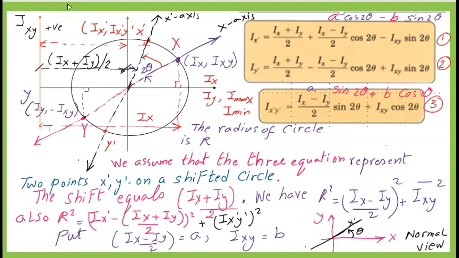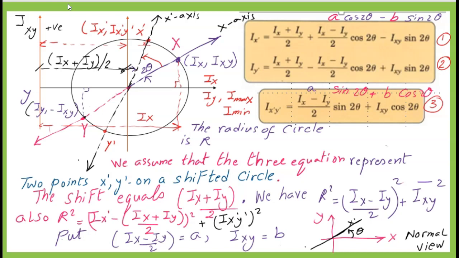To prove that the Mohr circle is shifted, we want to check that the sum of the square of Ix dash minus Ix minus Iy over 2 plus the square of Ix dash y dash will be equal to the sum of the square of Ix minus Iy over 2 and the square of Ixy.